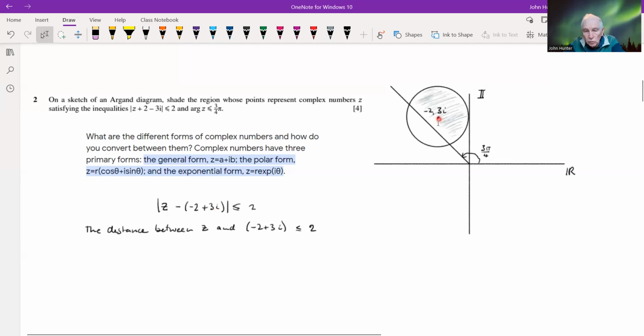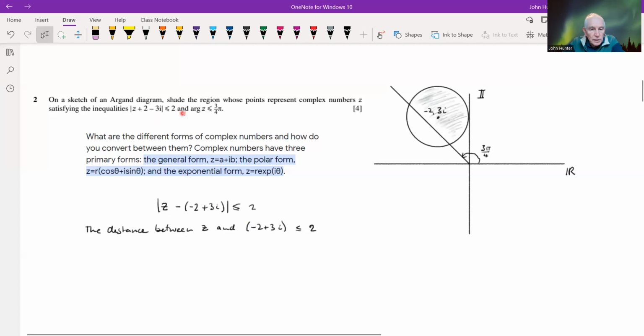So if we draw a circle centered at -2 plus 3i with a radius of 2, including the actual edge as well, because it's less than or equal to, that would define this inequality here.